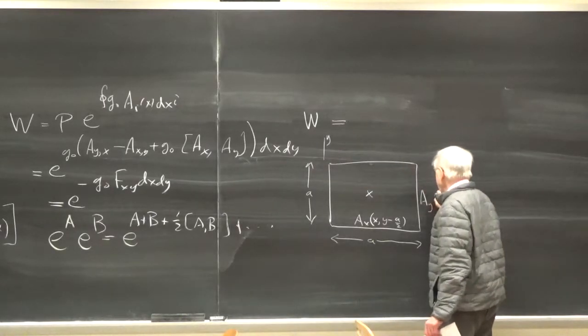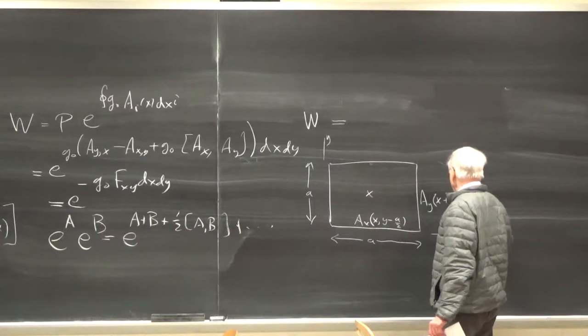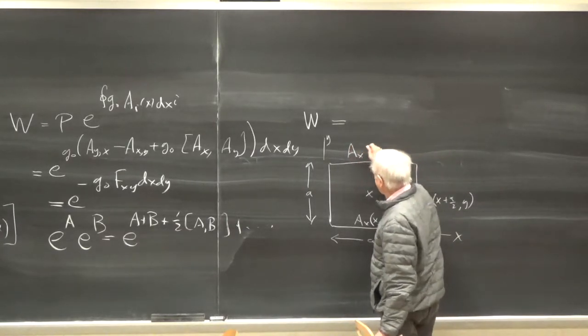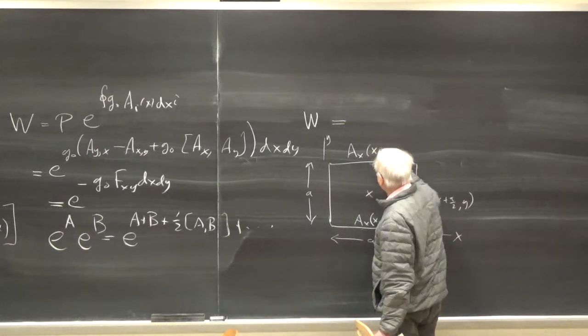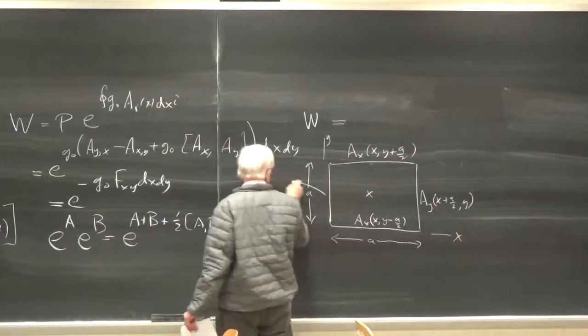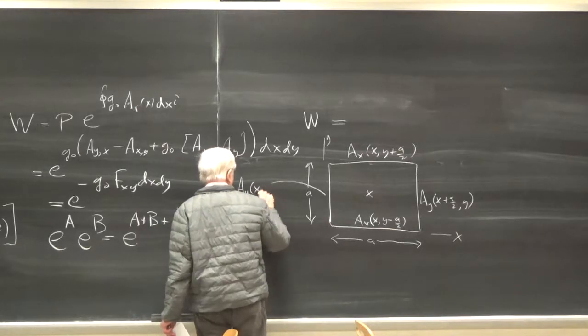And this would be A_y at x plus a over 2, y. And then over here we would have A_x of x, y plus a over 2. And then over here we would have A_y of x minus a over 2, y.